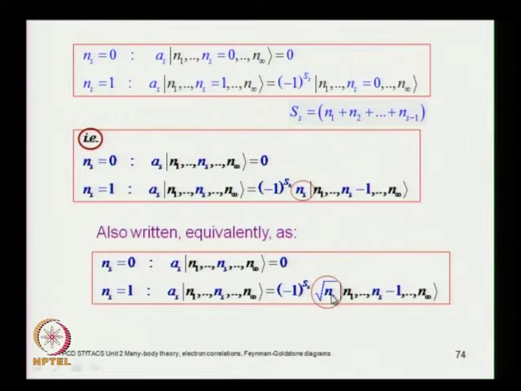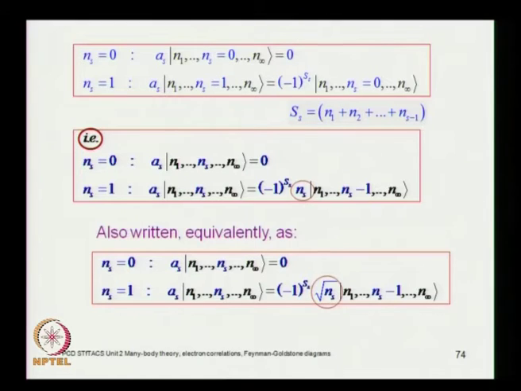So, this result which is written with ns can be equivalently written with the square root of ns; its numerical value is exactly the same. But the advantage here of writing it with the square root of ns, a certain convention that you introduce, is that it makes it completely equivalent to the Bose case.